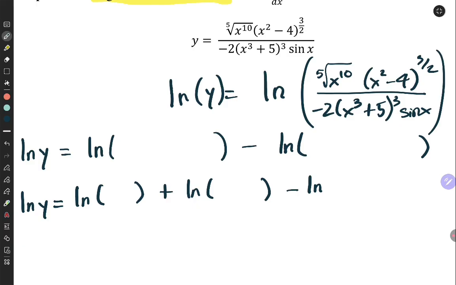Logarithm base a of x over y equals log base a of x, which is the numerator, subtract log of the denominator. Keep breaking as much as possible.